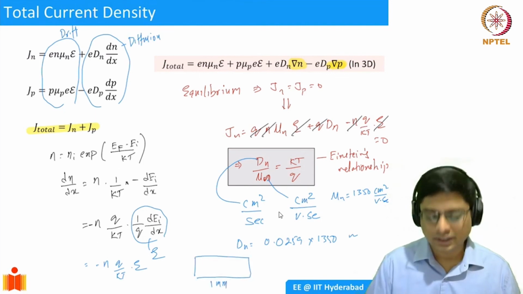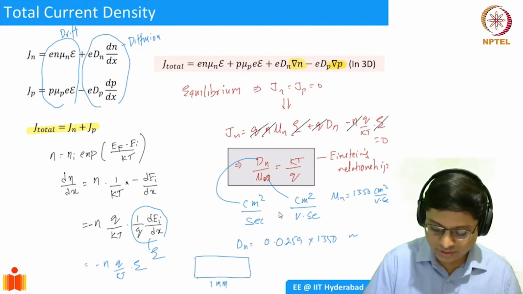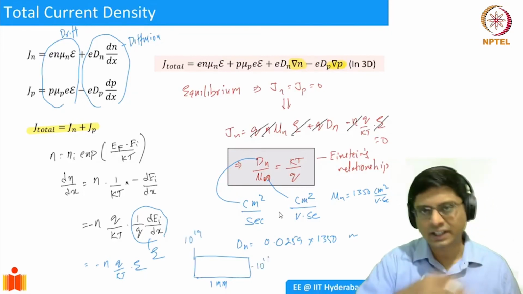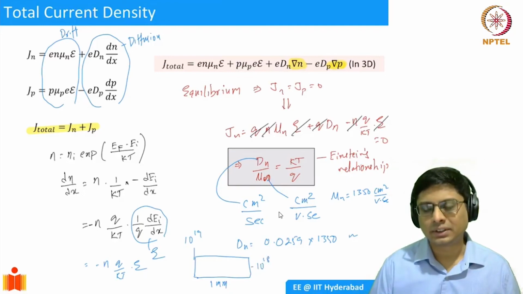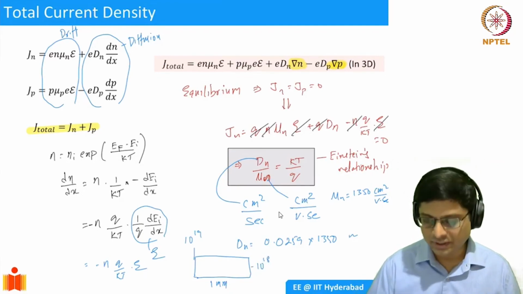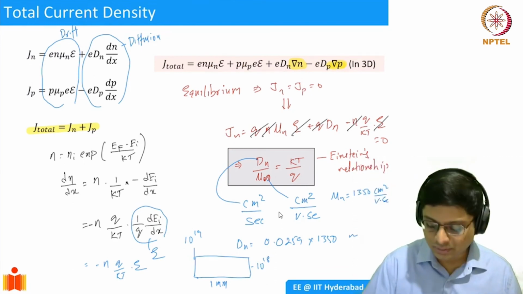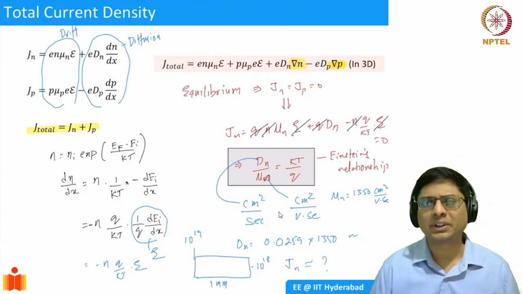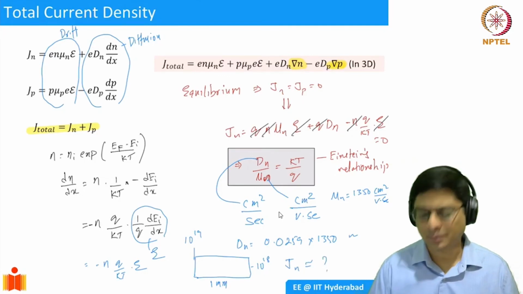Assume that the concentration here is 10 power 19, and here the concentration is 10 power 18. So there's a gradient in concentration n, from 10 power 19 to 10 power 18. Then you calculate Dn and compute the current. Compute Jn for this scenario. You will see that it's going to be some amps per centimeter square, tens of amps per centimeter square probably.